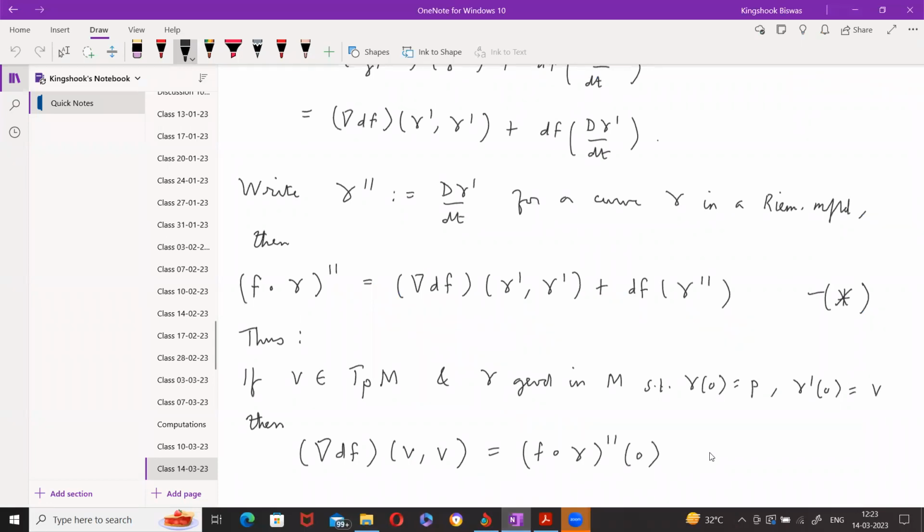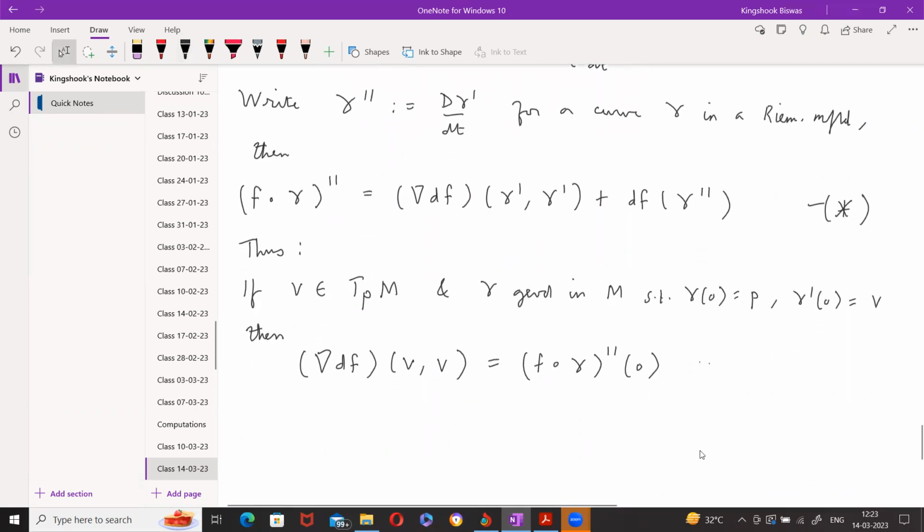All right, so we have this formula. This holds true for the Hessian as well, replacing the second fundamental form. That's right. We proved this for the Hessian, if you recall: the Hessian you can also compute as the second derivative along a geodesic. The important point is that the curve you take has to be a geodesic so that this second term with gamma double prime vanishes.